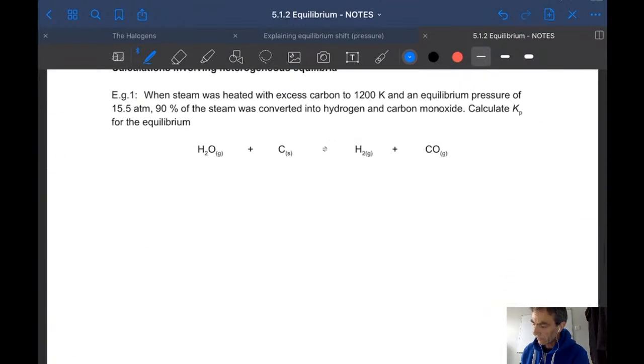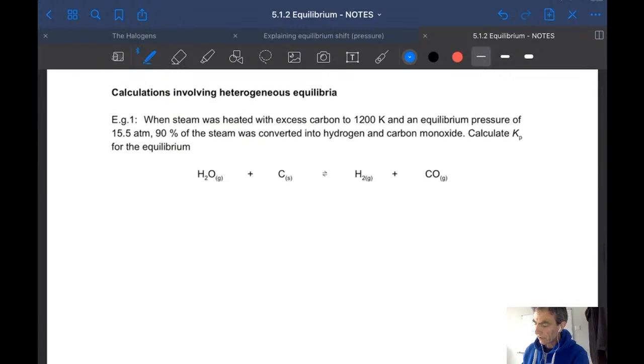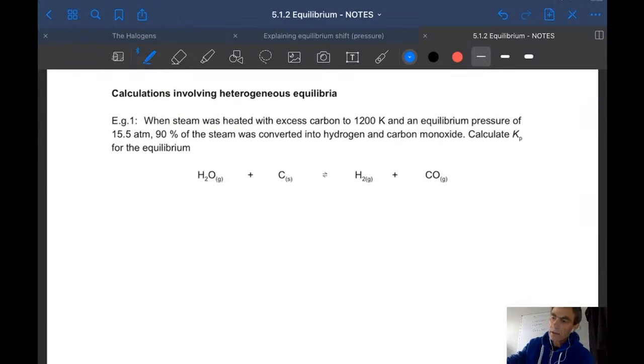Okay, so we'll practice a couple of calculations. The first one: when steam was heated with excess carbon to 1200 Kelvin, at an equilibrium pressure of 15.5 atmospheres, 90% of the steam was converted into hydrogen and carbon monoxide. Calculate Kp for the equilibrium.